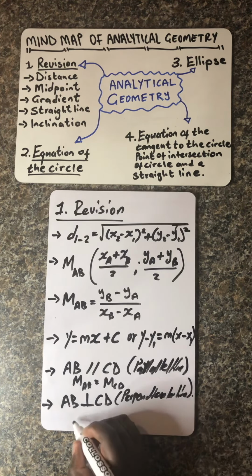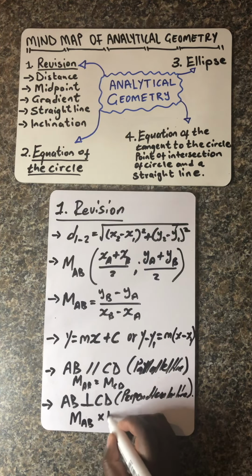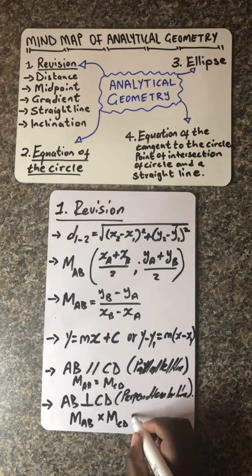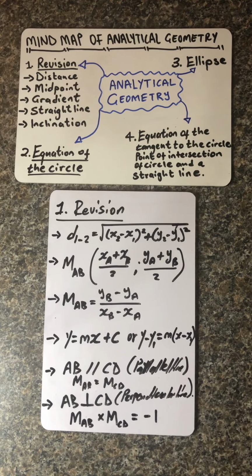Ladies and gentlemen, we know the gradient of line AB multiplied by the gradient of line CD should be equal to -1. Very much important.